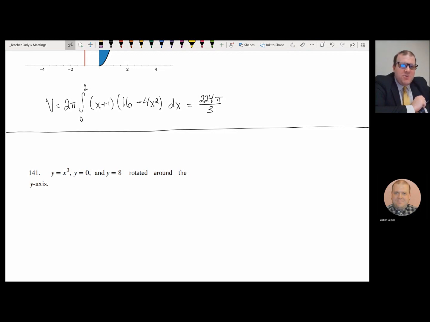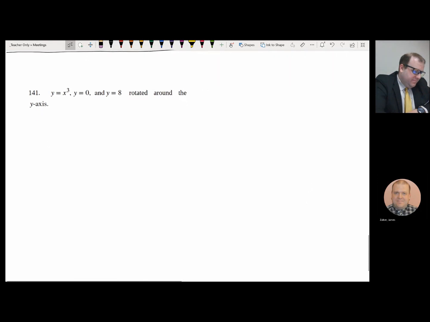y equals x cubed, y equals 0, y equals 8. That's what our region is bounded by. It's going to be rotated about the y-axis. We want the resulting volume. See if we can do this without plotting it. Shouldn't be too difficult.